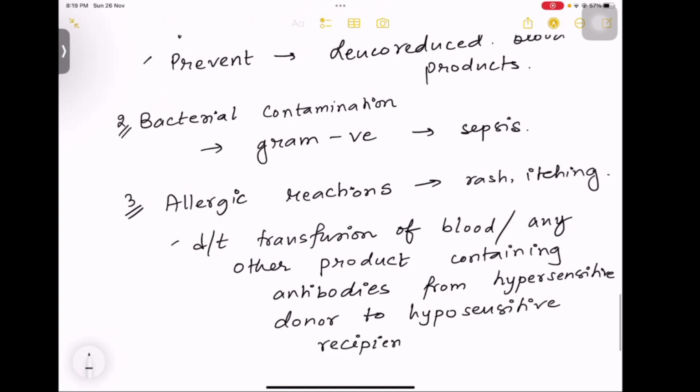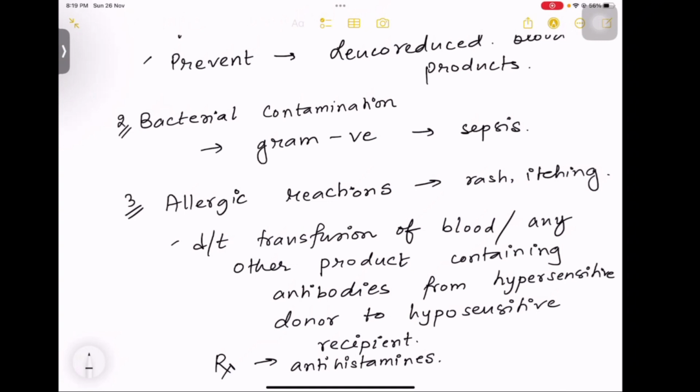So non-hemolytic transfusion reaction is presented with allergic reactions, bacterial contaminations and fever. Now how will you treat such patients? The treatment of such patients is histamines because the patient is presenting with rash or allergy, and leukoreduced blood products.